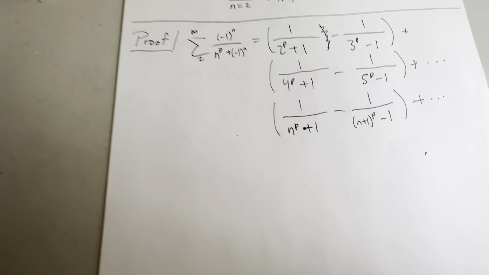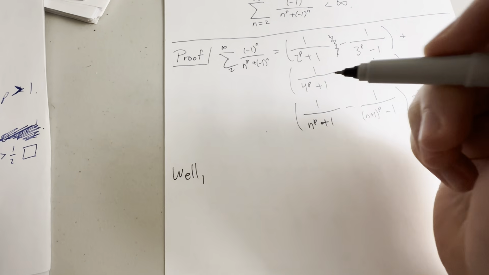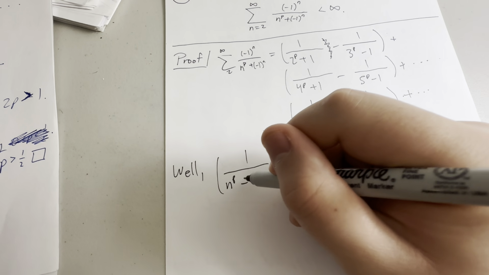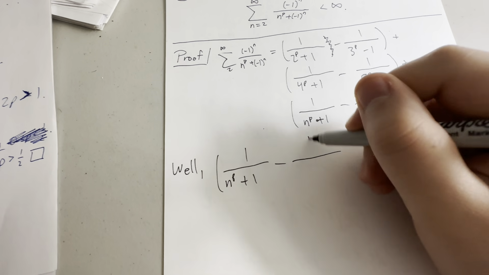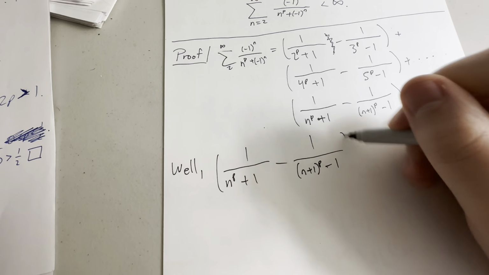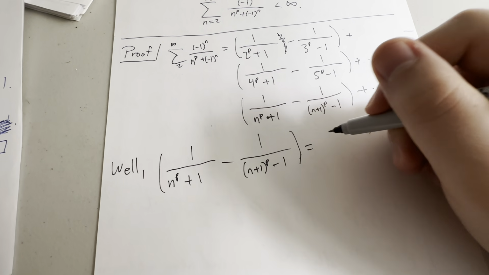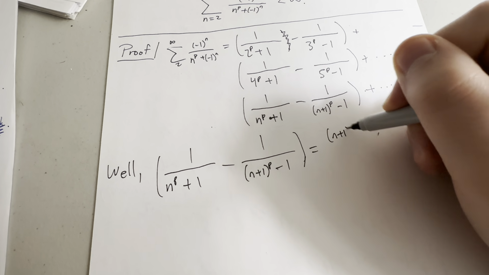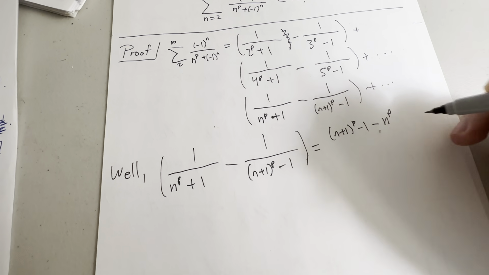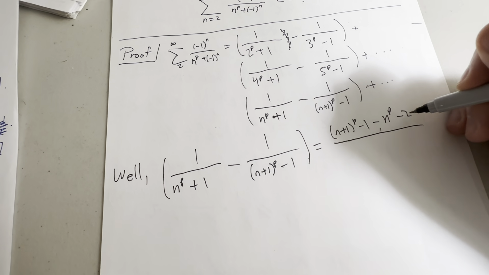So if we rewrite this term over here, I'll write 1 over n to the p, plus 1, subtract 1 over (n plus 1) to the p, minus 1. I didn't really need to write that, did I? Whatever. So we have (n plus 1) to the p, minus 1, subtract n to the p, minus 1.